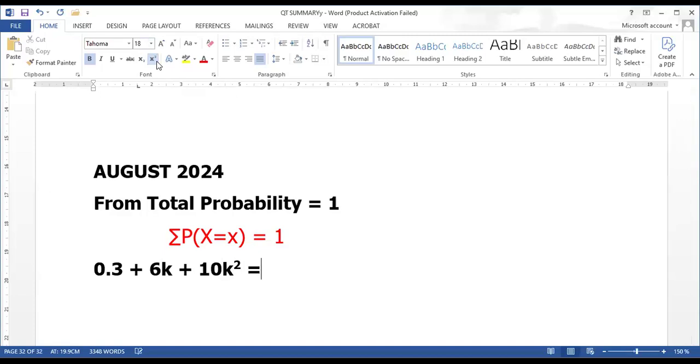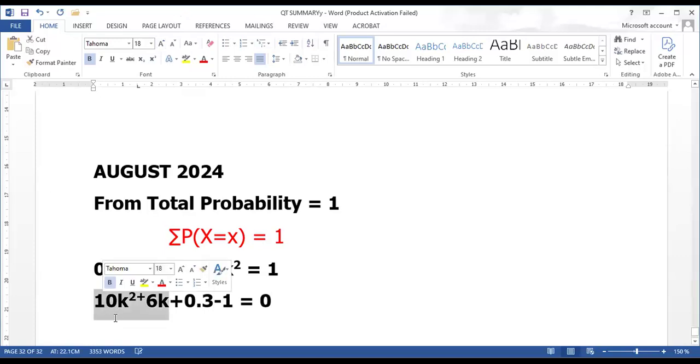Then we equate everything to 1. But you need k. So if you rearrange, this is what you get: 10k squared plus 6k plus 0.3 minus 1 is equal to 0, because here it is a quadratic equation.